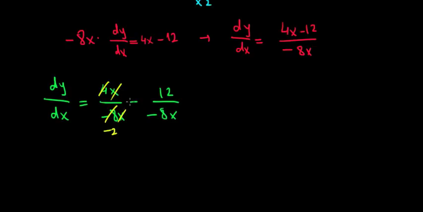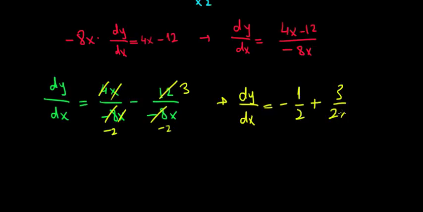X and x goes away, and here 12 and minus 8 also cancel out because we can cancel out by 4, and we're left here with 3 and here with minus 2. So the derivative of y with respect to x would equal minus 1 over 2 from this term, and then minus 3 over 2x. Minus and minus converts into a plus, so we have plus 3 over 2x, and that would be the derivative.